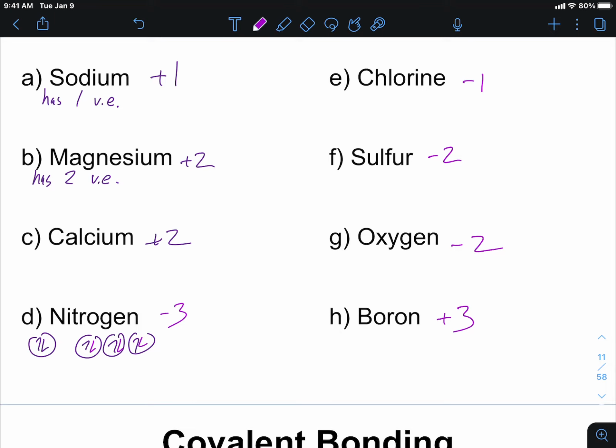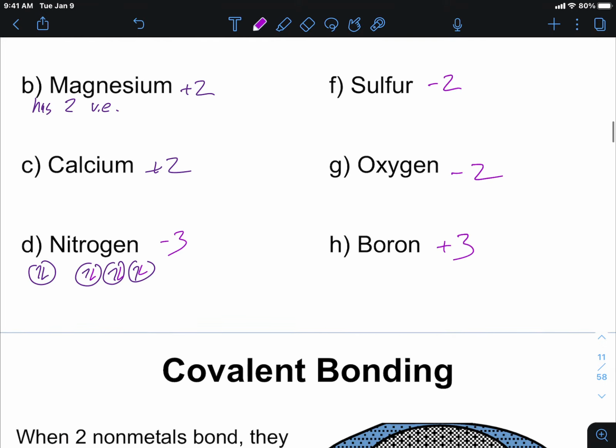The nonmetals. The nonmetals are your middle column. Right? So this is an important note here in bold. It says, whenever a nonmetal is bonded to a metal, the nonmetal's charge is negative. Okay, so if I said magnesium bonding with oxygen, magnesium is a metal.